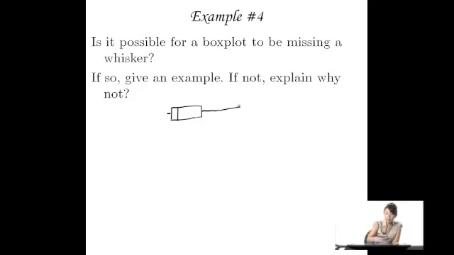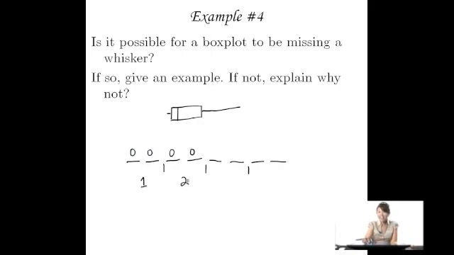For instance, let me give you an example of a data set that might do so. Let's say it's 8 values, 1, 2, 3, 4, 6, 7, 8. I just picked 8 because it's really easy to split into quartiles, right? What if all of the values in both quartile 1 and 2 are exactly the same, right?